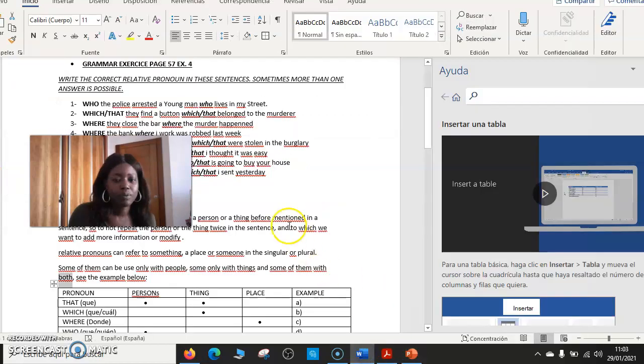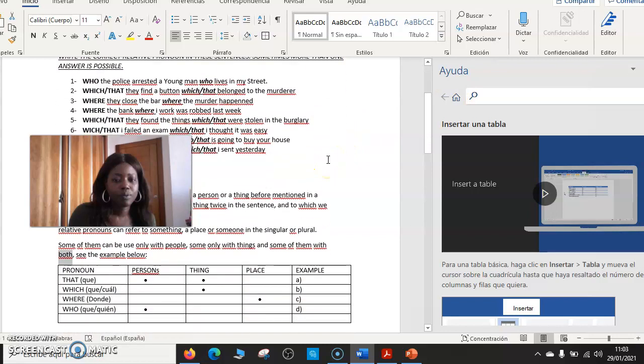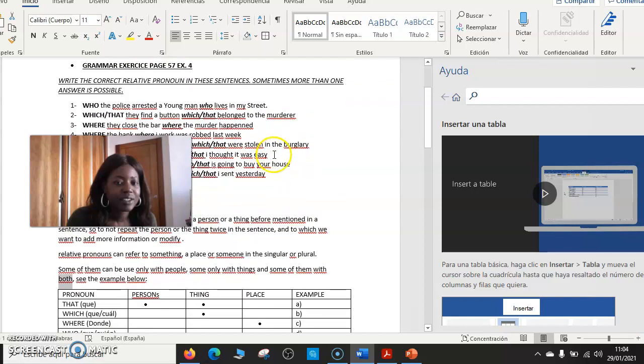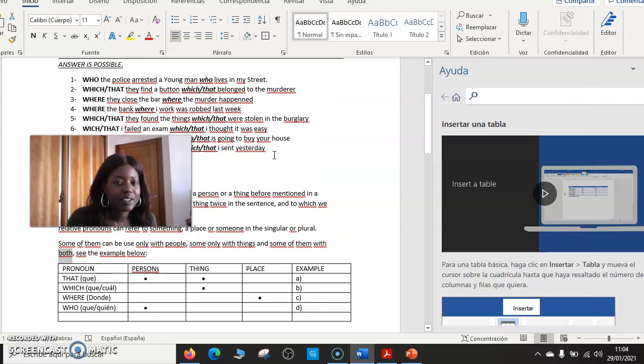And what more can I say about the pronouns? For example, more sentences to correct, to amend the exercise which I had to do.